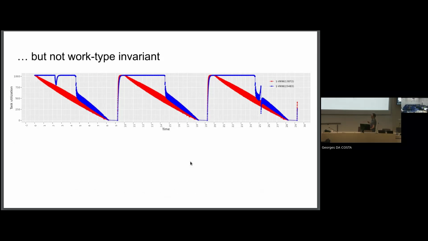And again, going back to the type of work thing, even after doing all these things, if you have different types of work, the utilization may not be correct for certain workloads. Going back to the extreme example in Alder Lake, which is VNNI, because the IPC ratio is so big in this platform in particular, VNNI work is not completely CPU invariant.